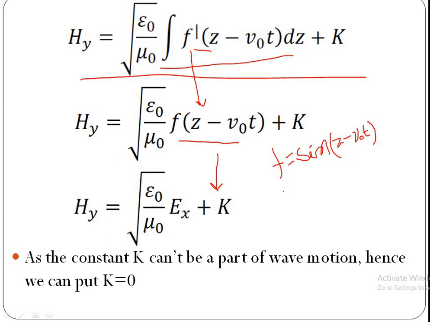Now if we differentiate this with respect to time, this becomes f dash, which is differentiation of sine, that is cos of z minus v naught into t, into minus v naught.